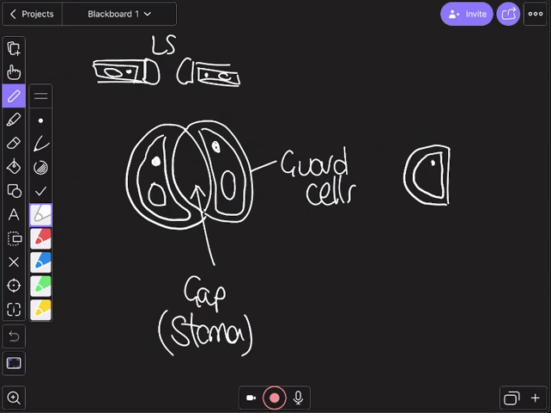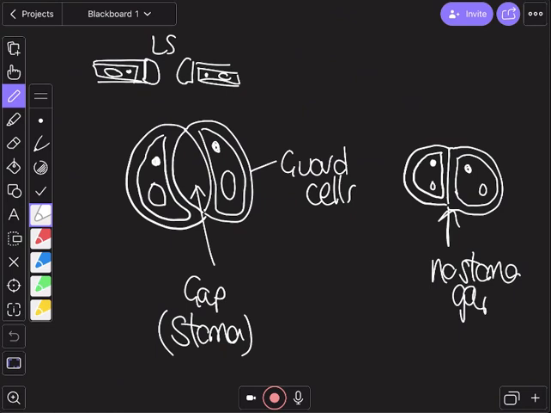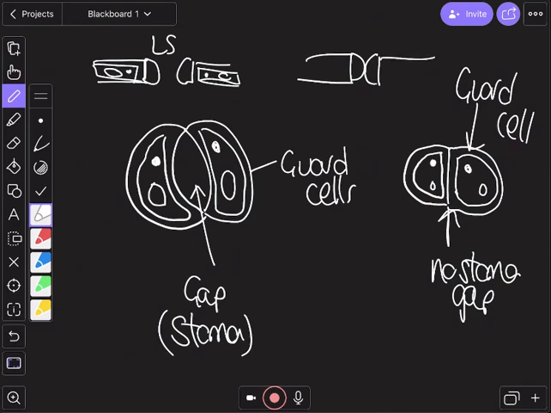They are also not plasmolysed, in that the cell membrane hasn't retracted from the cell wall, but they just don't contain as much water, so their vacuole would be much smaller. So there's now no stoma gap, and this is your guard cell. And again, if we were looking at this through a longitudinal section, then these guys would now be touching. There would be no gap for transpiration or gas exchange to occur.